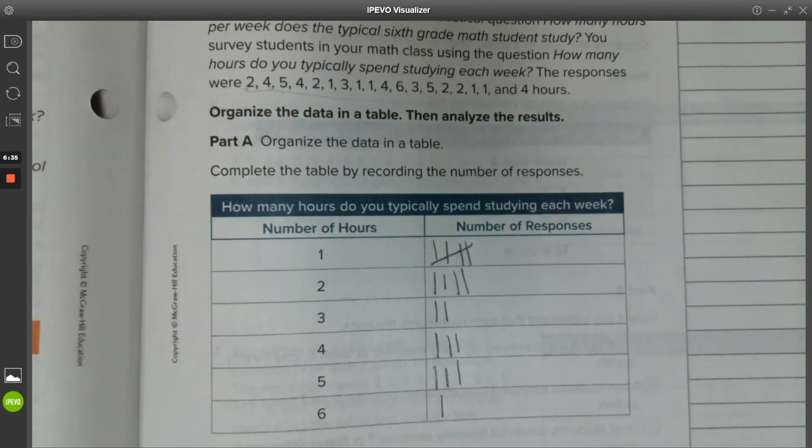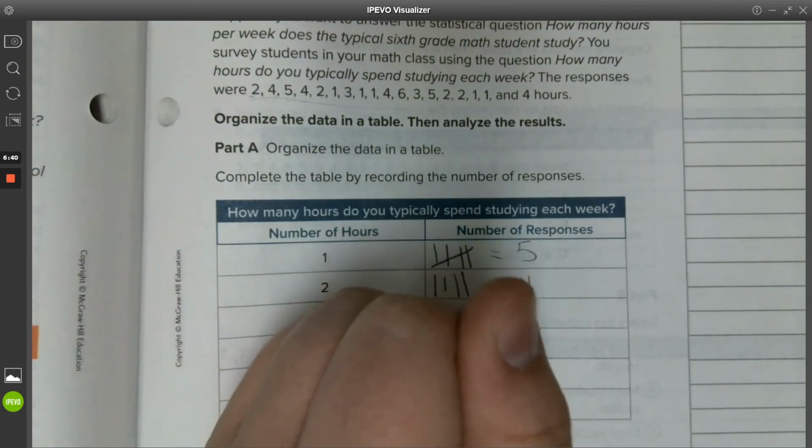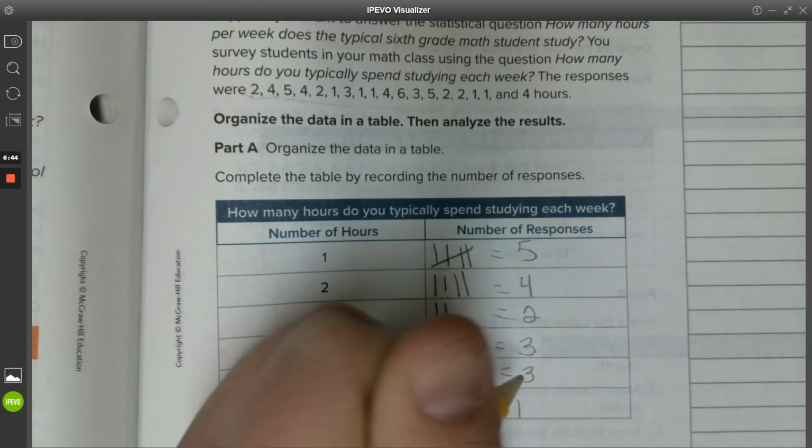Now we can take a look. So this is 5, 4, 2, 3, 3, 1.